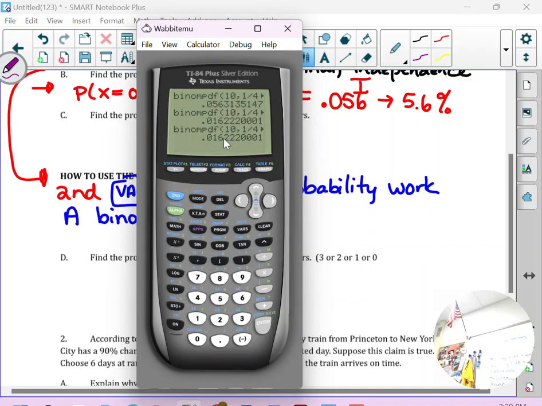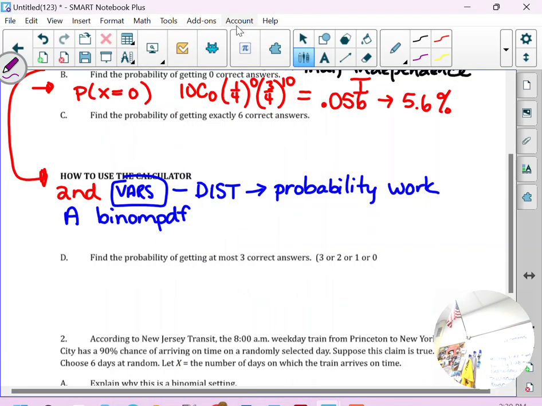But once you have that on your screen, you can reprint it and just change the values. As long as you're doing the same problem, the N and the P would be the same. The X would be the only part that would change. If you're switching to a different problem, you would have to change the N, the P, and the X. So what do we say? 0.016. Okay.